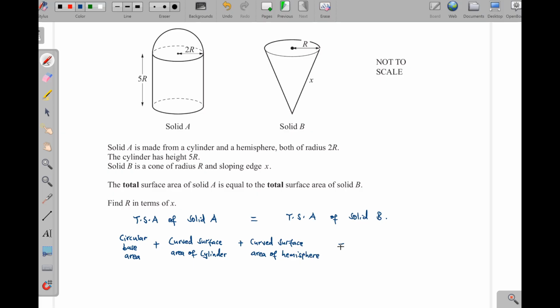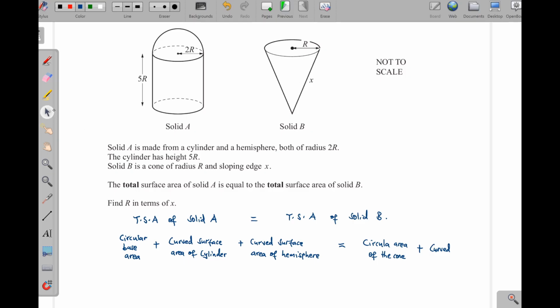Then we go to this side of the cone, there is this circular end. So we shall say the circular area of the cone, then plus the curved surface area of the cone.